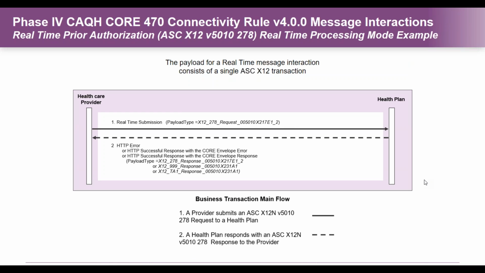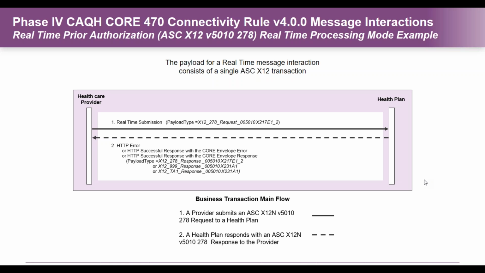So here we see an example of an interaction between a client and a server. In this case, the client is the healthcare provider shown on the left, and the server is a health plan shown on the right. So the provider sends a real-time submission of a 278 request, and the health plan responds with, depending on whether there was an error at the HTTP level, an HTTP error might be sent back.